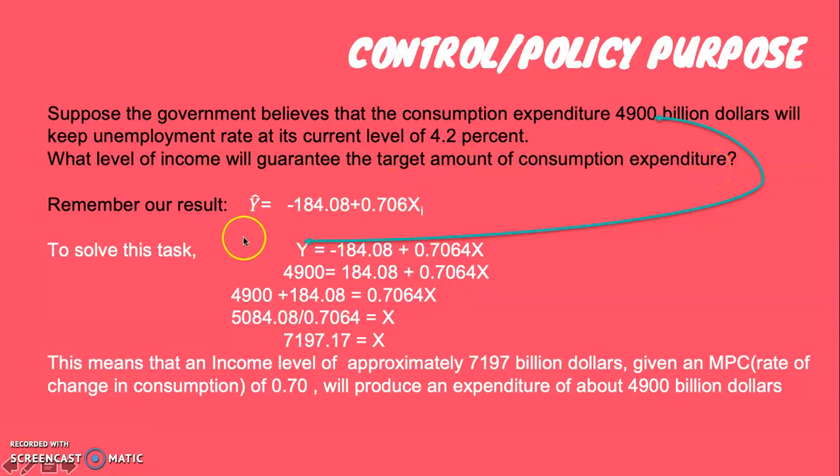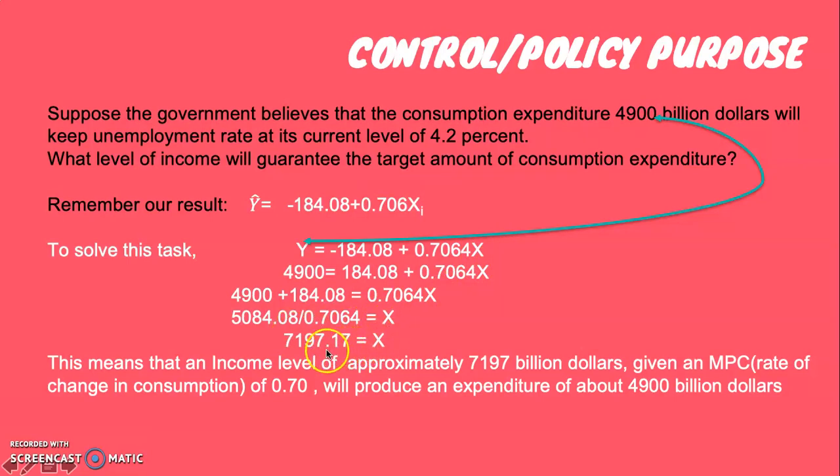Now, we're going to use our model, our estimates again. This time, we're going to substitute Y by inserting $4,900 billion in place of Y, so that we can obtain the value of X, income.